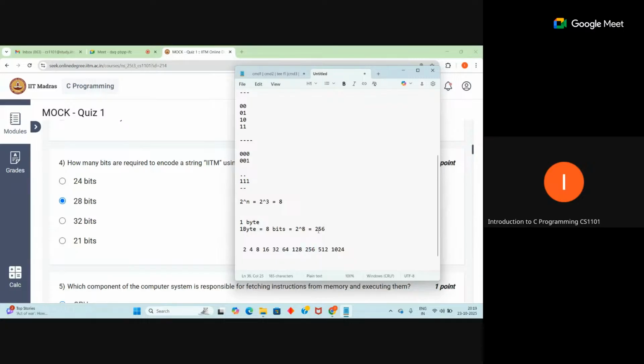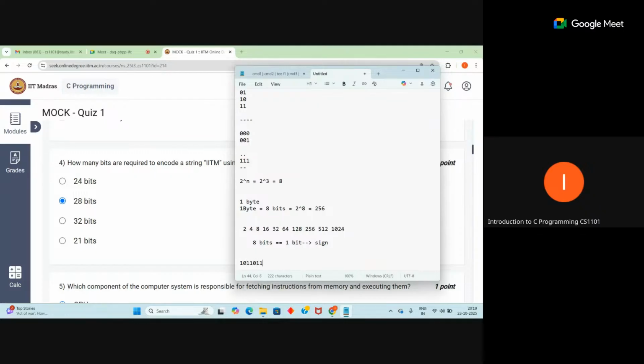8 bits means 256 values. But among these there may also be integers or other numerical values. When you take numerical values, we accept both positive and negative values. So among these 8 bits, in general, we always use 1 bit to represent the sign, that is whether it is a positive or negative number.